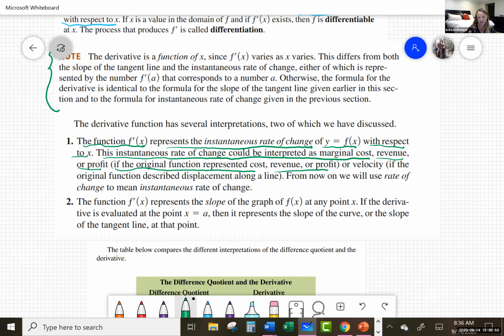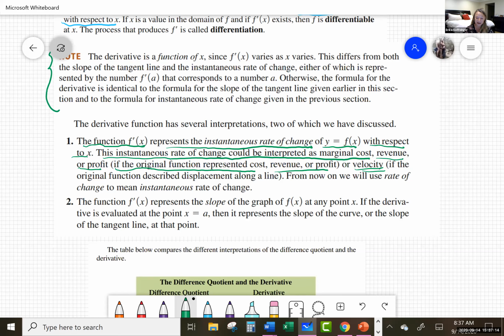Another interpretation of instantaneous rate of change for other types of problems is where we could talk about velocities. That video talked a lot about velocity, the rate of change of the car. Or velocity, if the original function described displacement along a line. So from now on, we'll use this rate of change to mean instantaneous rate of change.